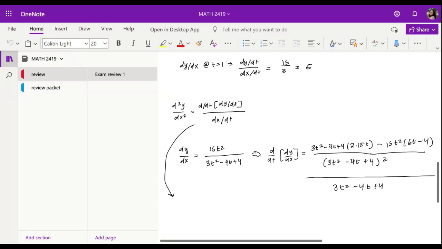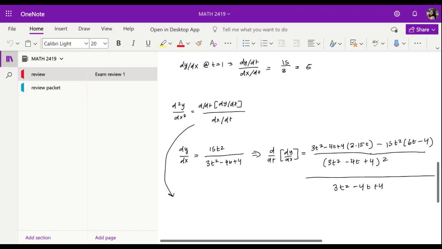That increases the power of your denominator by 1. Now this is pretty easy. You don't necessarily have to simplify too much because we are plugging in 1, so you can work that part out on your own because it's just plugging in.